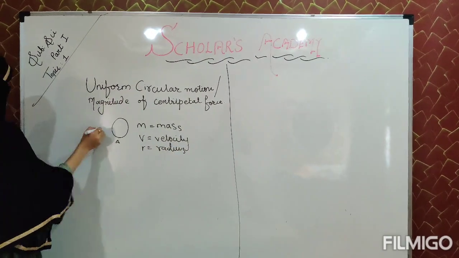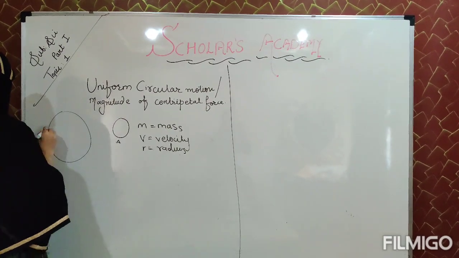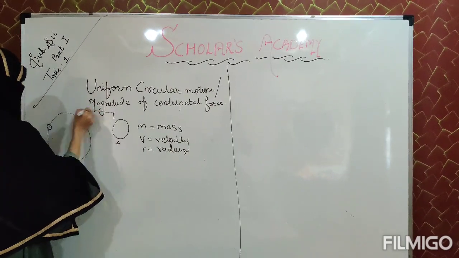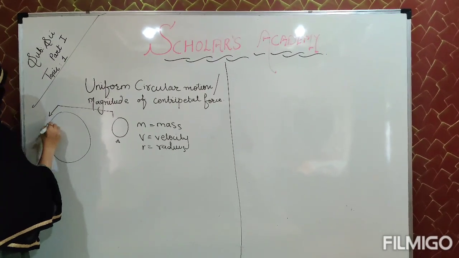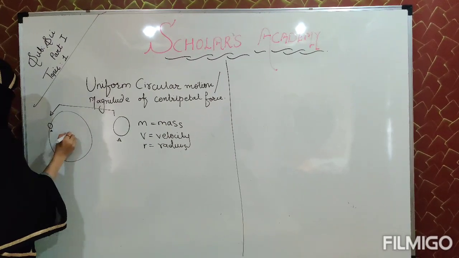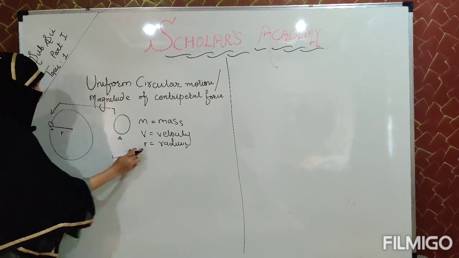If this body is moving along a circular path, then this r is the radius of the circle.